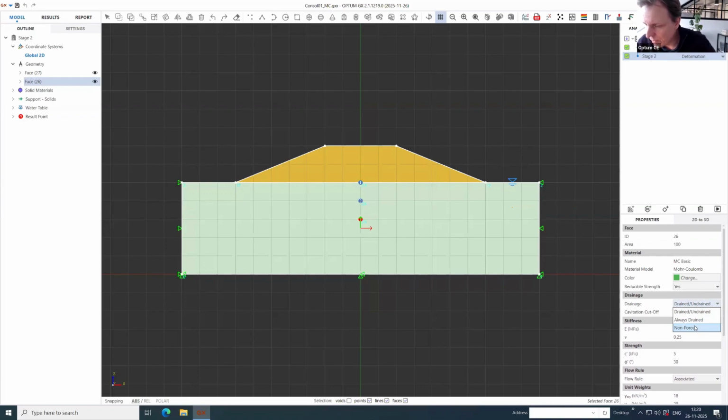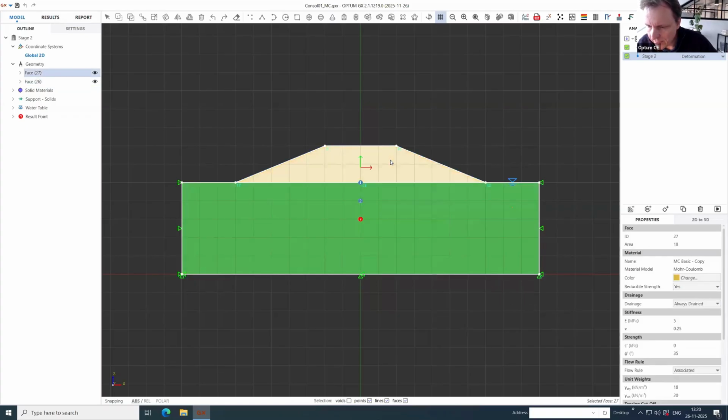If you have a non-porous material, of course, pore pressures are not relevant. But this is drained, undrained, meaning that pore pressures indeed are generated, whereas the fill here, the embankment, I've set to always drained. So that's maybe a gravel or some sort of sand type material that's dumped on top here, and it doesn't generate pore pressures.